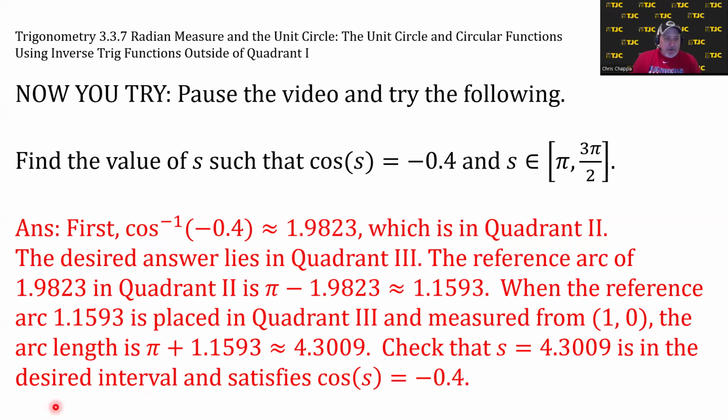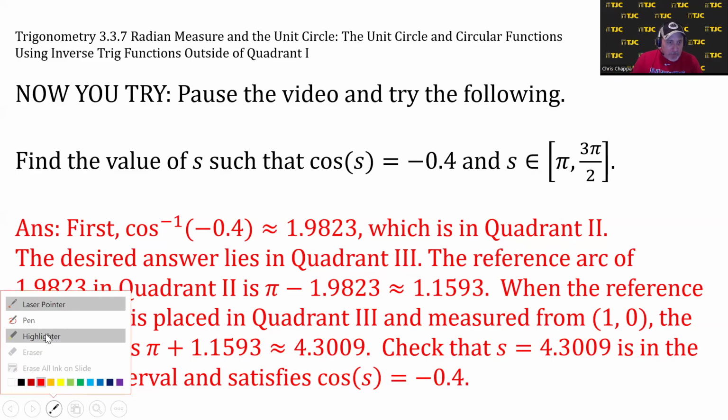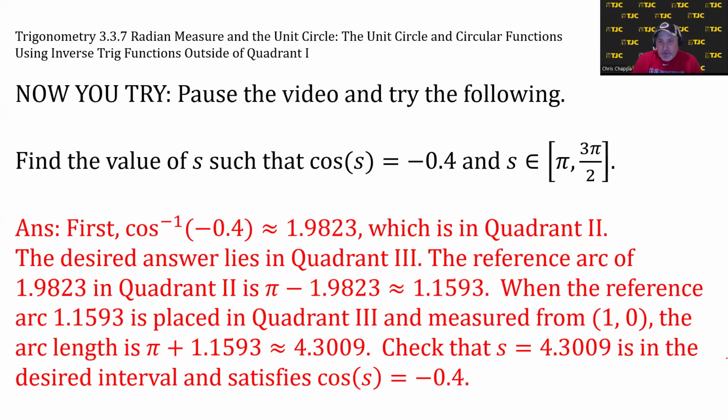So what we basically do, and I'll sketch a real small picture here because I don't have a whole lot of room, is we draw the arc over here in quadrant 2 that we got, which was the 1.9823. What we're looking for is over here. So we need the reference angle. And so this reference angle would be pi minus that, which is about 1.1593, or rather, I should say reference arc.